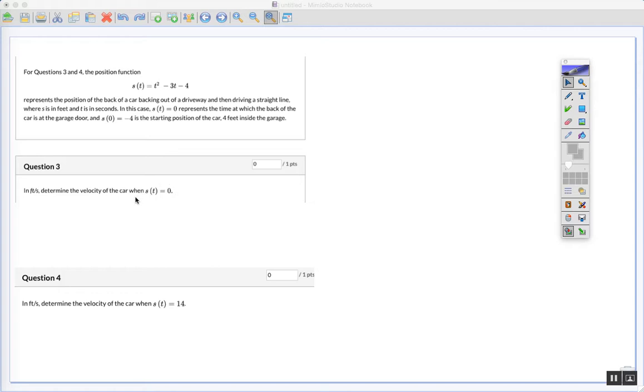Well, before you can calculate the velocity when the position is equal to 0, you need to know at what time is the position equal to 0. So you're going to want to take this equation here and set it equal to 0, and solve for those values of t.